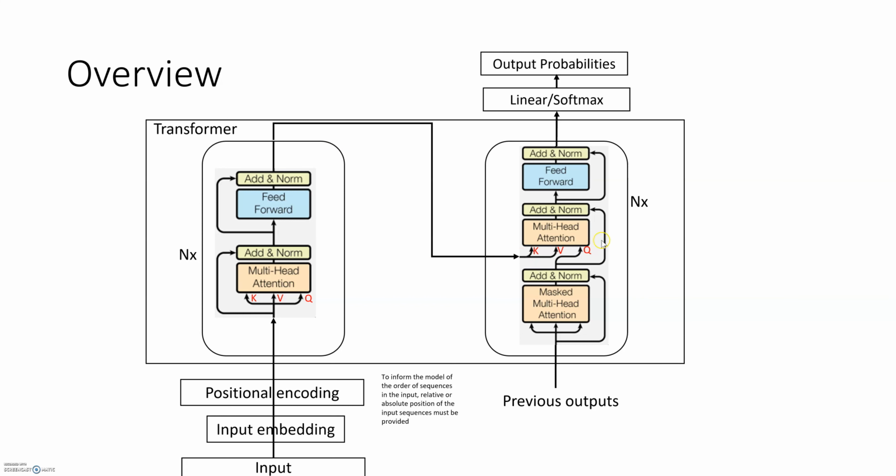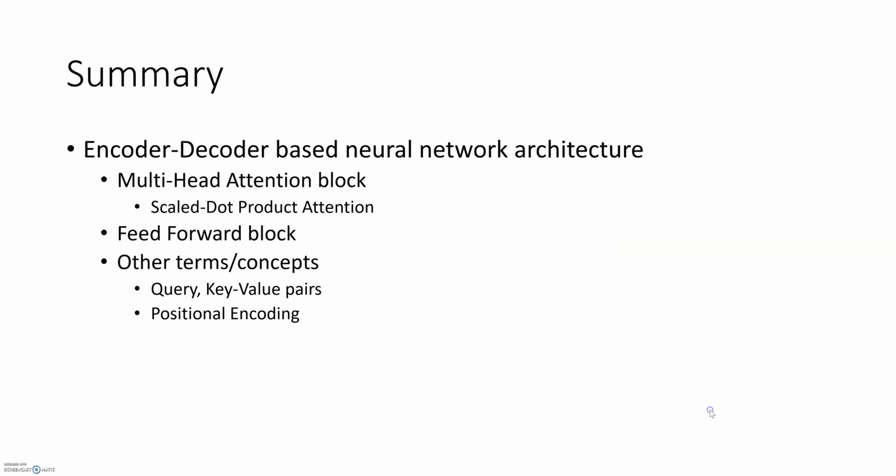After that, with this small difference, the rest of the stuff is the same as the encoder. So we have multi-head attention, and then we have the feed forward network. So that's the transformer architecture in a nutshell.